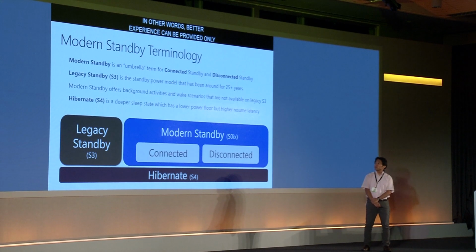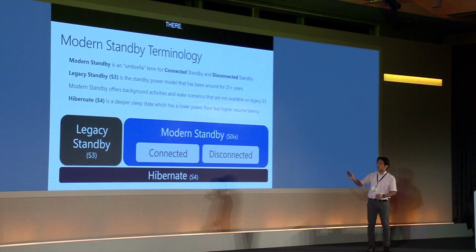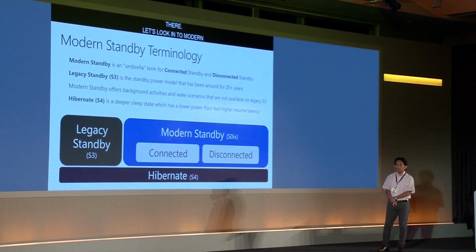Let's look into Modern Standby's terminologies. The diagram below shows the different types of sleep states, such as Modern Standby, Legacy Standby, which is S3 sleep, and Hibernate, which is S4. Modern Standby is an umbrella term for connected and disconnected standby.